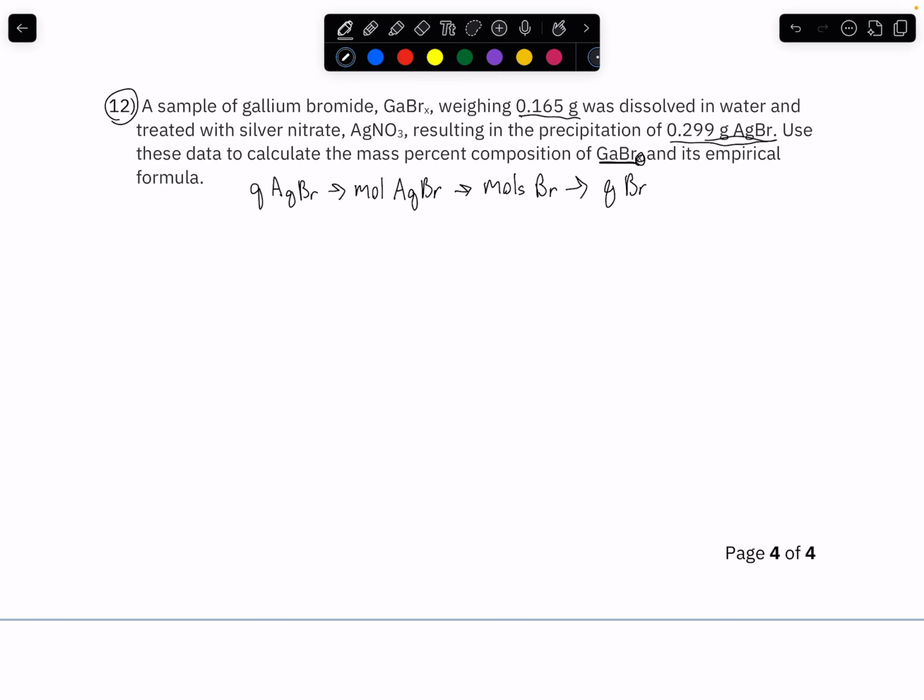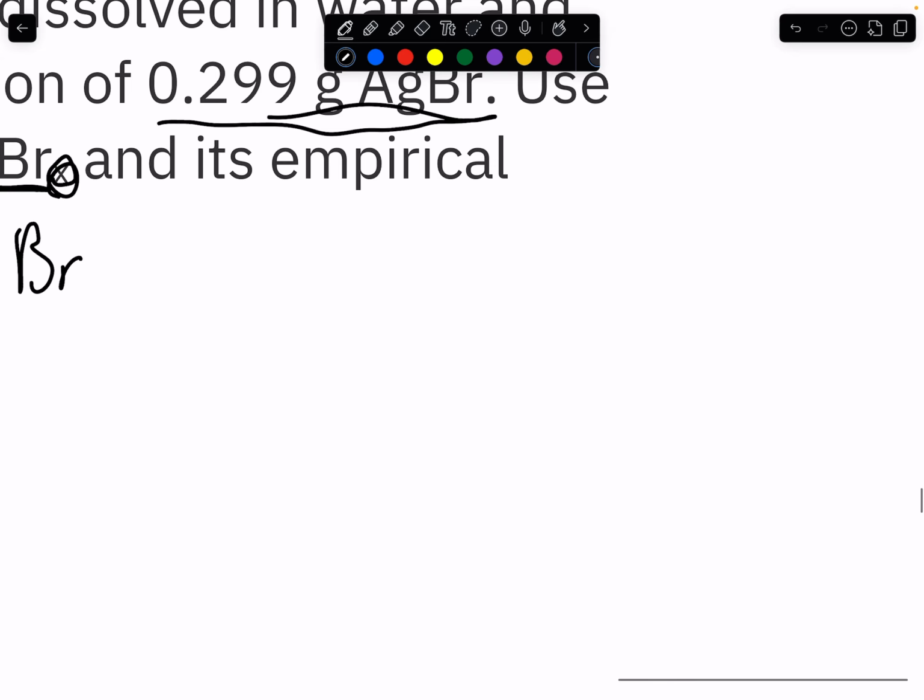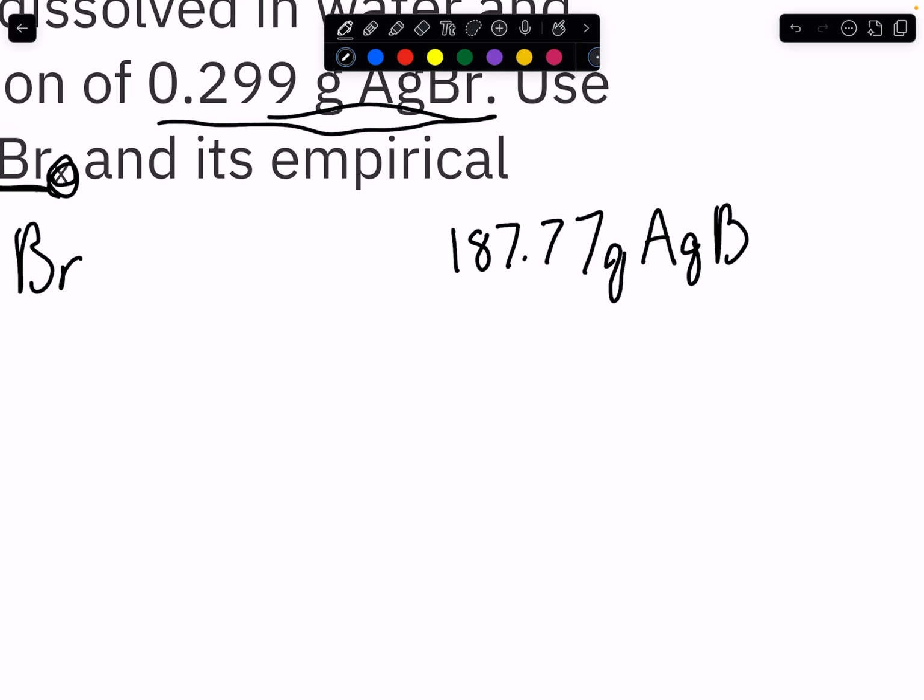And so I'm just going to write down the molar mass of silver bromide. So I'm going to put 187.77 grams Ag bromide per 1 mole.